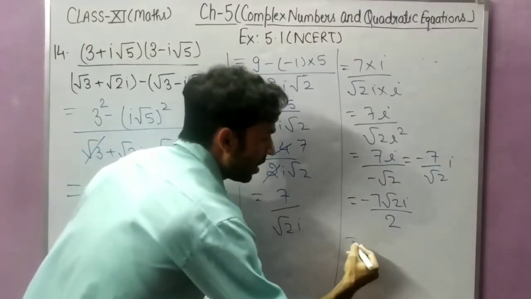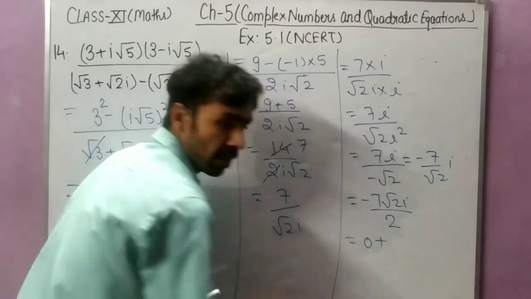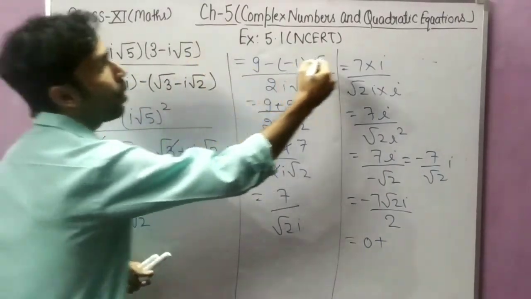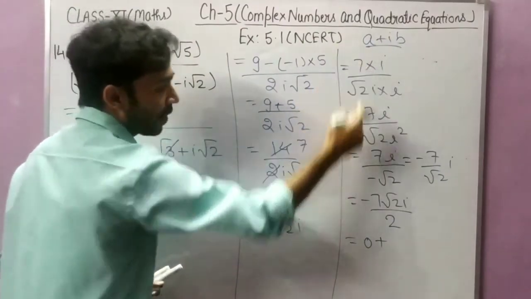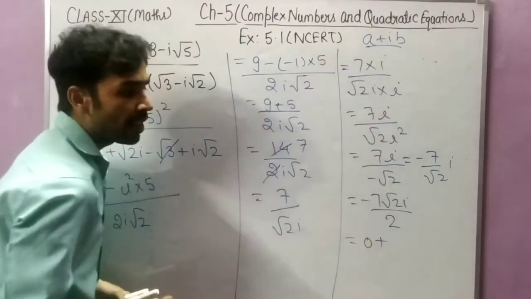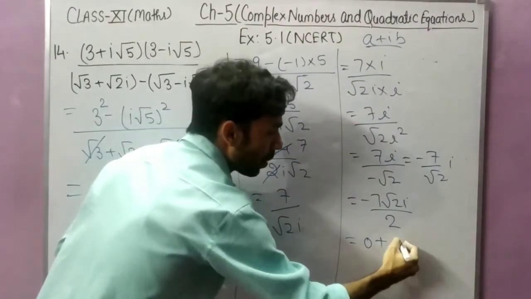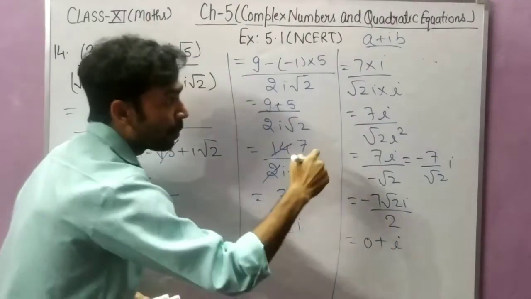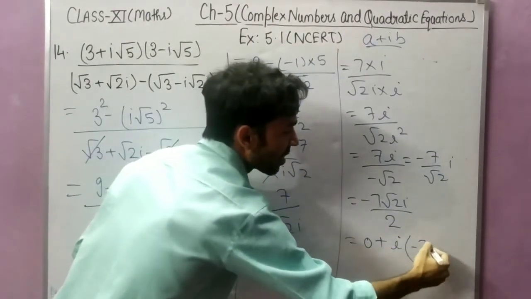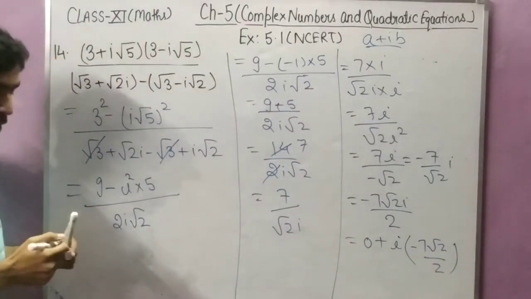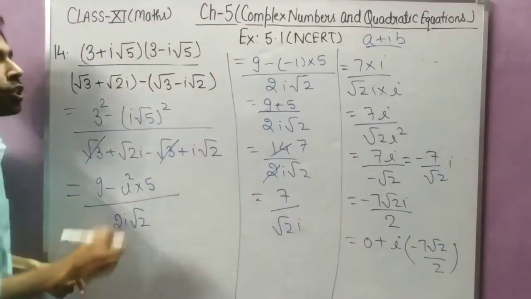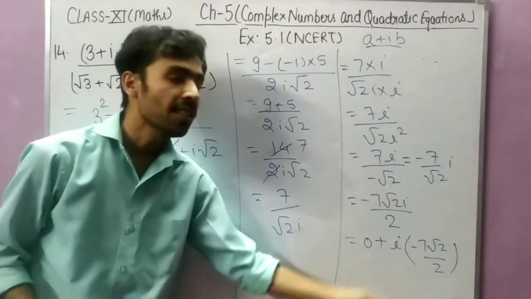So we can write 0 plus, because we have to write in the form of a plus ib. So in place of a, 0 will come because a is the real part. After that i, and the value of b will be minus 7 root 2 upon 2. So this is the representation of this question in the form of a plus ib.